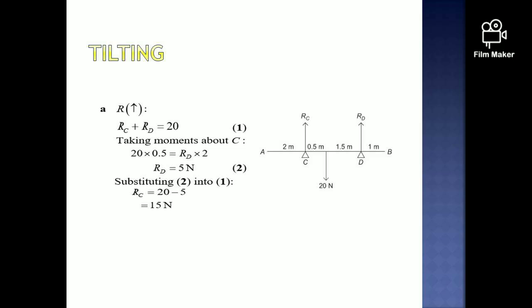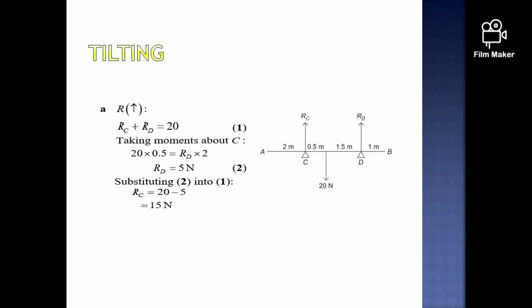The other moments occur due to the force of 20 newtons and RD. The moment due to 20 newtons would be 0.5 meters times 20 newtons, which is clockwise, and the anti-clockwise moment would be 0.5 plus 1.5, that is 2, times RD.